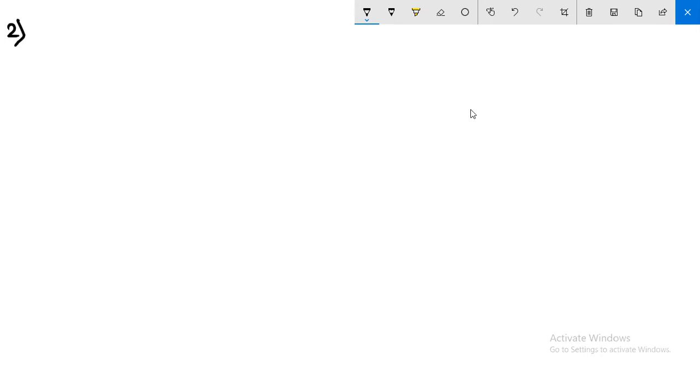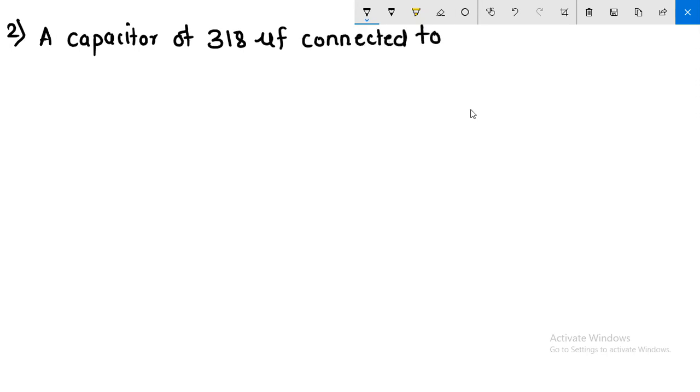A capacitor of 318 microfarad connected to 200 volt, 50 hertz supply. Full stop.